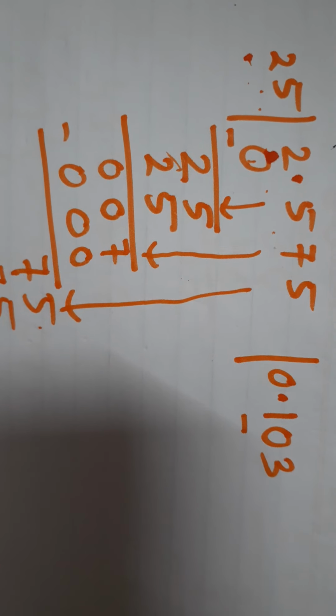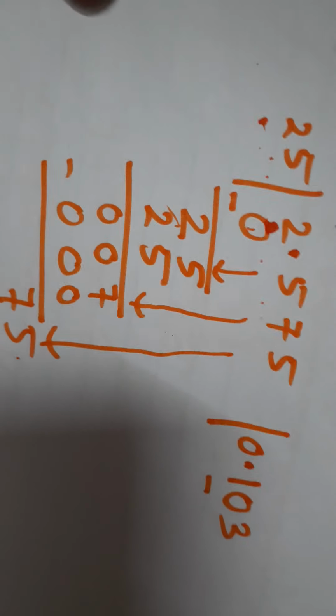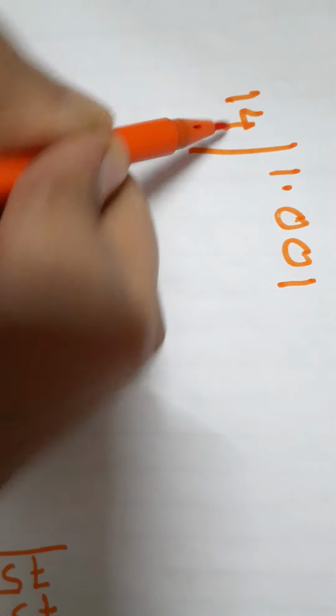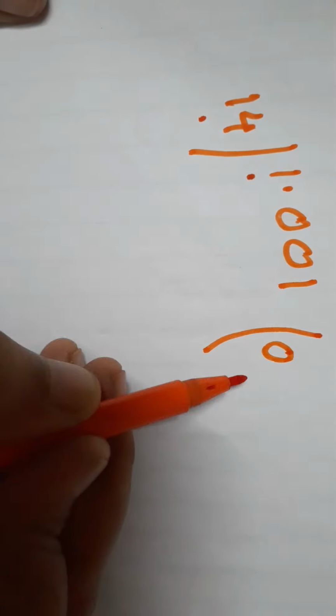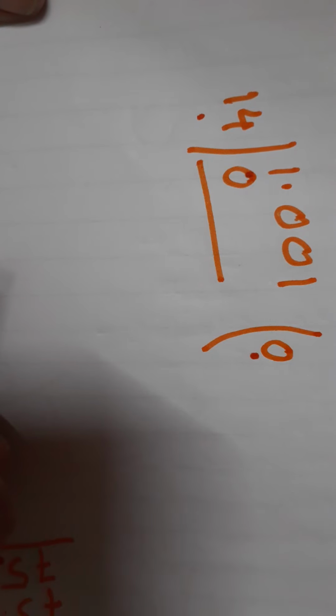Now let us consider one more sum, and we will do it in this way. Suppose we are dividing 1.001 by 14. When we divide 1.001 by 14, this is 1, this is 14. First we have to use a 0 over here, because 14 zeros are 0 is the only way.